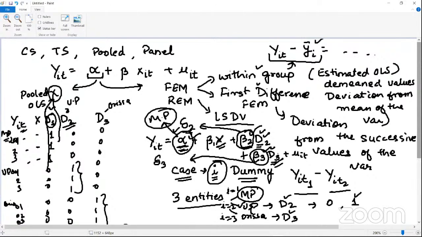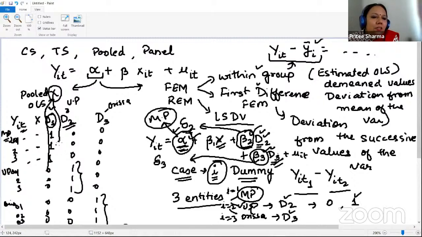Previous year value deducted from the current year, or sorry, successive year values. Yeah, successive year. Okay. Thank you. No, I didn't understand your question. Ma'am, like the example you have taken, MP, UP and Orissa, can you just demonstrate this first difference method on this example?